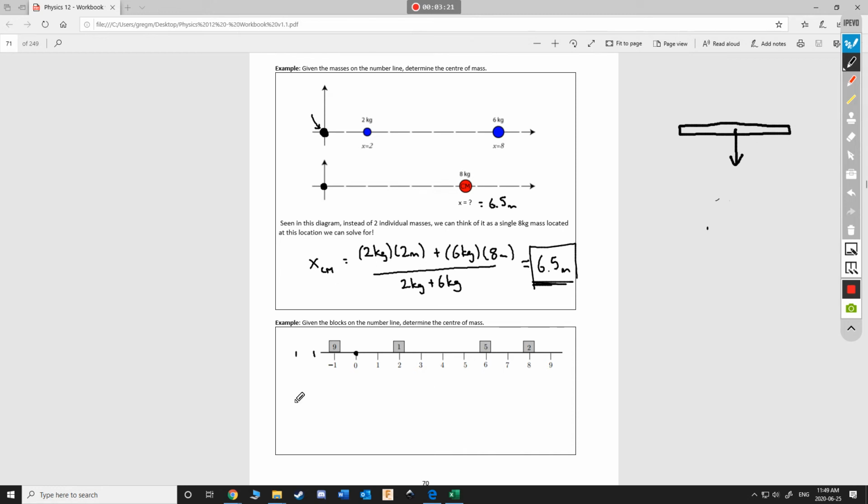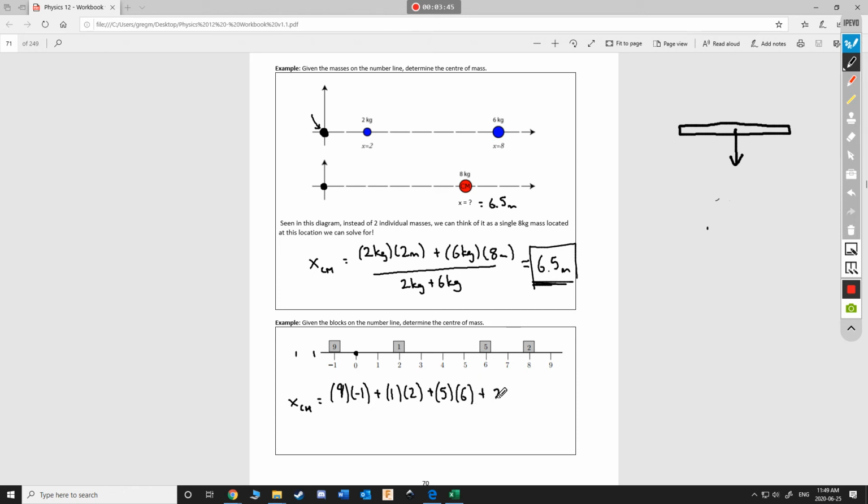We're going to use the exact same formula. So I have x_CM, center of mass, is equal to that 9, whatever units of mass, multiplied by location, which is -1. Plus, next one's 1, its location is at 2. Plus, we have 5, its location is at 6.